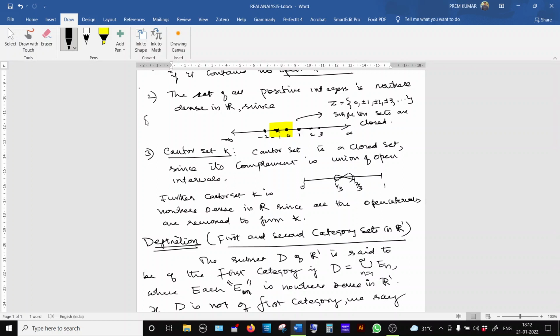Suppose I take a singleton set {1}. What is the only sequence available? You can form a constant sequence, which definitely converges to 1, and 1 is an element of the set. So whatever convergent sequence we consider, the limit is inside Z itself. That's why Z is closed.